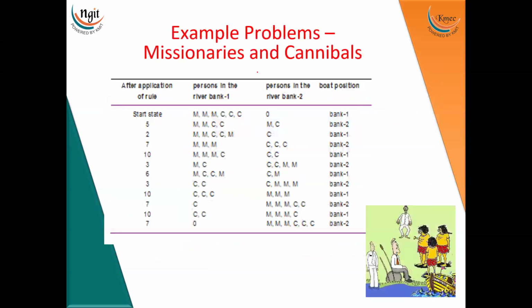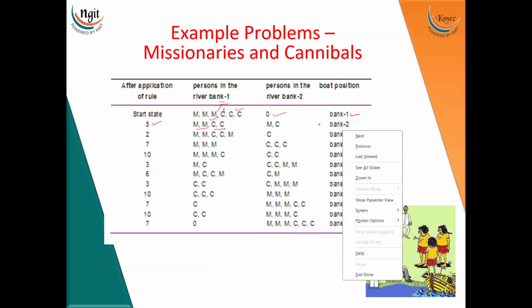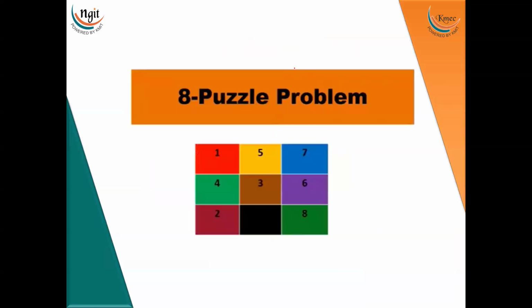So see here, the start state: in bank 1, we have 3 missionaries and 3 cannibals, and in bank 2, no one is there, and the boat position is at bank 1. As per rule 5, one missionary and one cannibal can travel to bank 2, and one cannibal will come back.